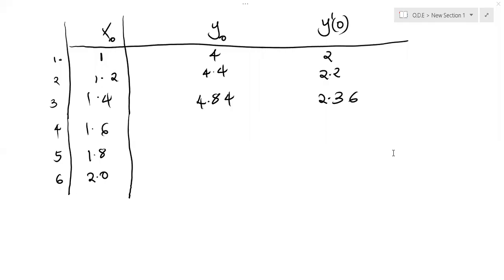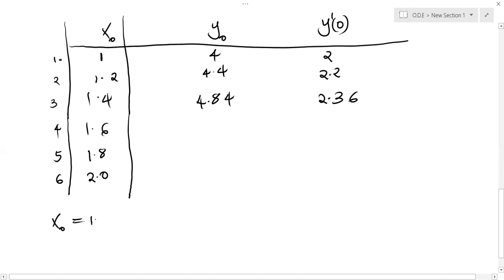So guys, when x naught is equal to 1.6, our y naught is what? Clearly see, our x naught is this. So our y naught was the previous one, so our y naught is equal to 4.84, okay?